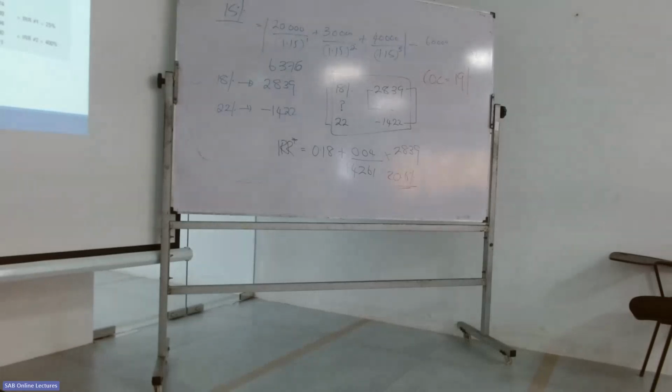Now if you look at the NPV profile for this project, we will make an NPV profile later. Look here, 2 IRRs. There is an IRR where the NPV becomes zero, and you will get an IRR of 25%.